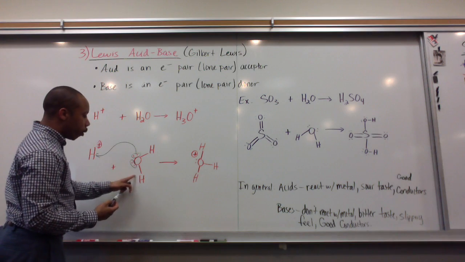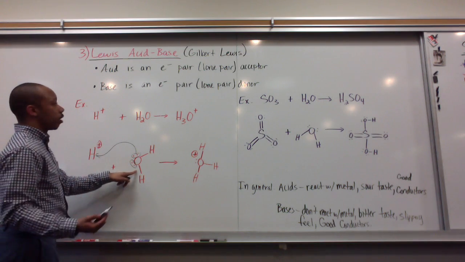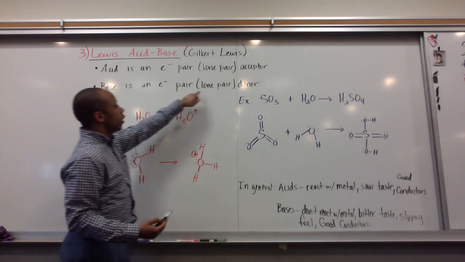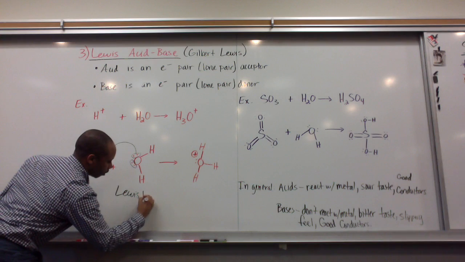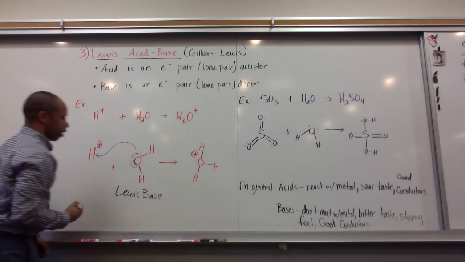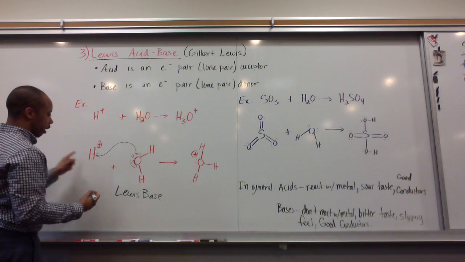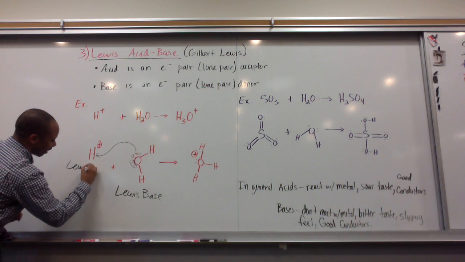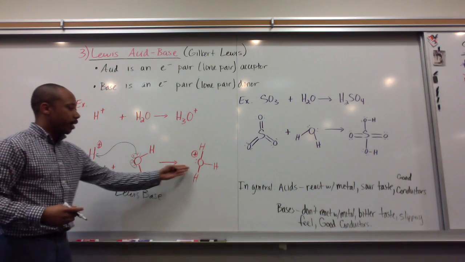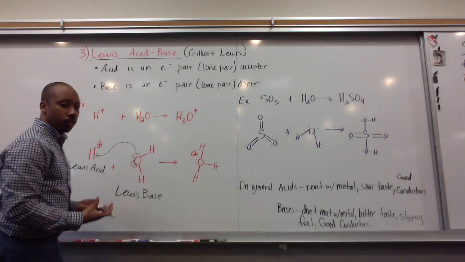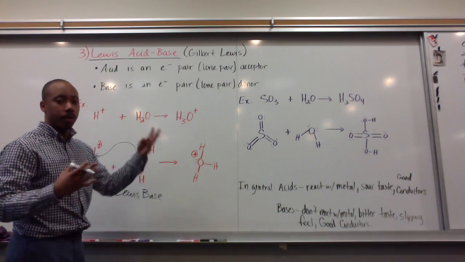Since these are donating their lone pair electrons, or unbonded electrons, we know that it is a Lewis base. Since this hydrogen ion is accepting these lone pair electrons, it is our Lewis acid. And when that happens, we get hydronium. We have our Lewis acid and our Lewis base reacting together to form hydronium.